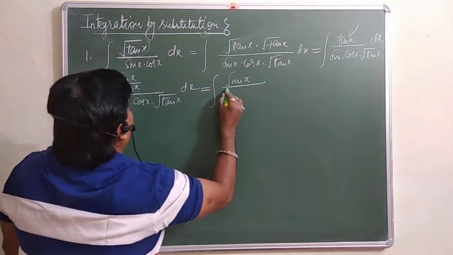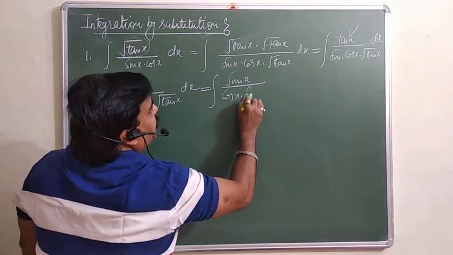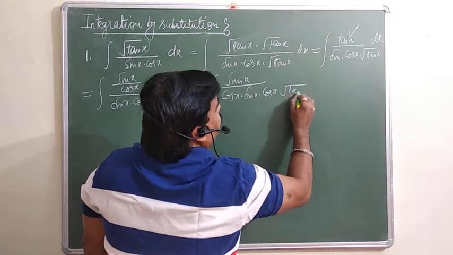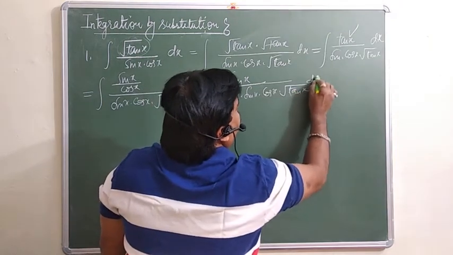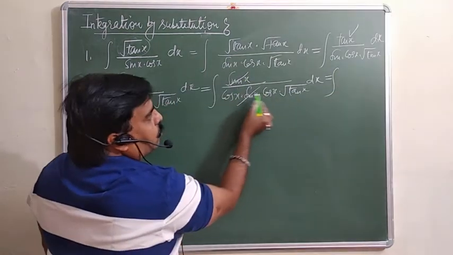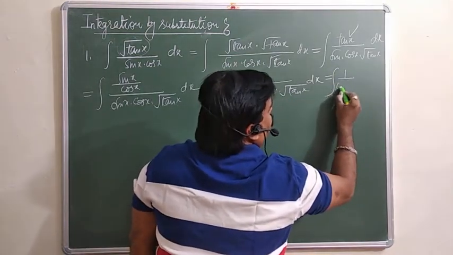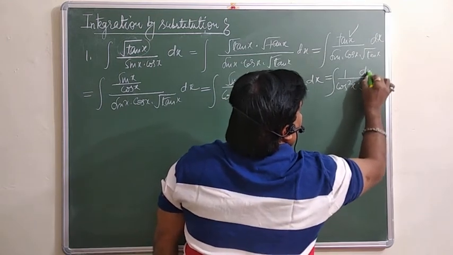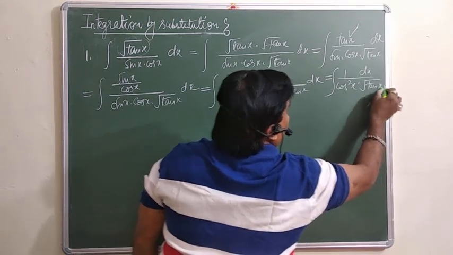Sin x over cos x into sin x into cos x into under root tan x dx. देखिए, this is gone. Finally, you are getting 1 over cos x into cos x is what? Cos square x into under root tan x dx. बस हो गया.